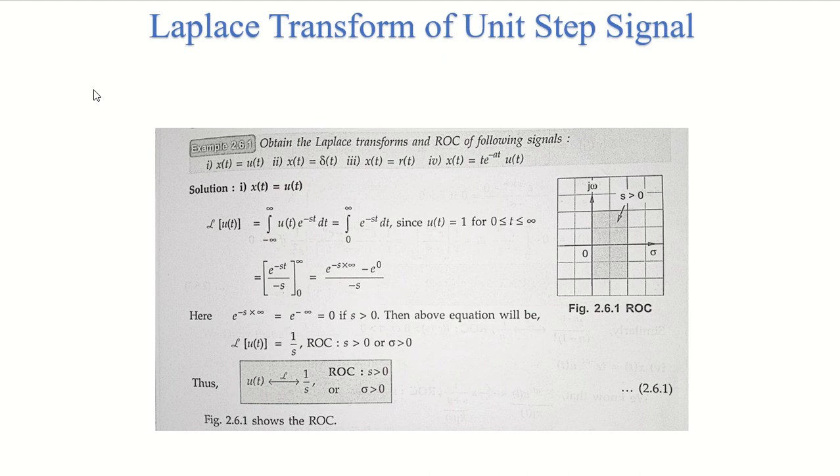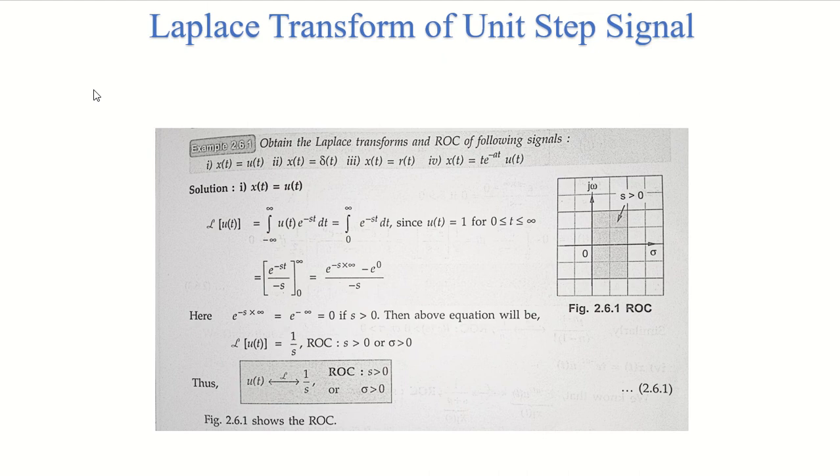So what is the integration of e raised to minus st? Given that s is a constant value, it will be e raised to minus st divided by minus s. In integration, we put the constant in the division of my actual integration.